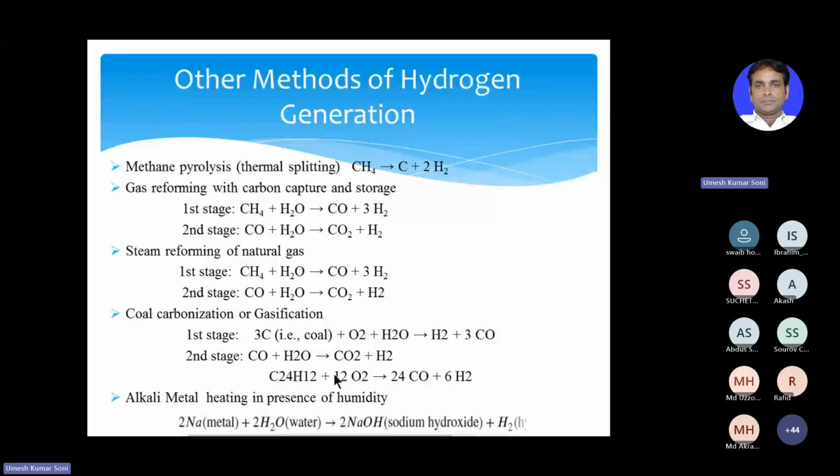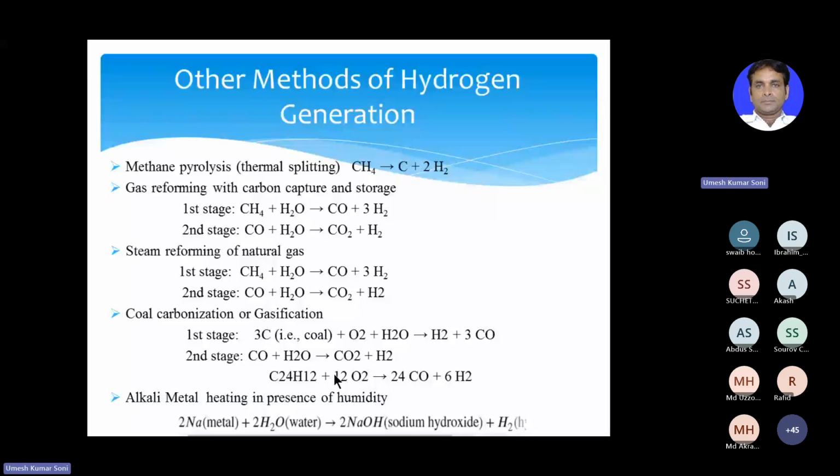Another system of generation of hydrogen is reacting the methane with the water and heating it. And during the heating, there is carbon monoxide and hydrogen as byproduct. So hydrogen is emitted from the first stage also.